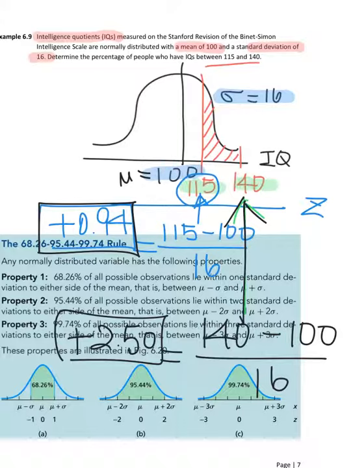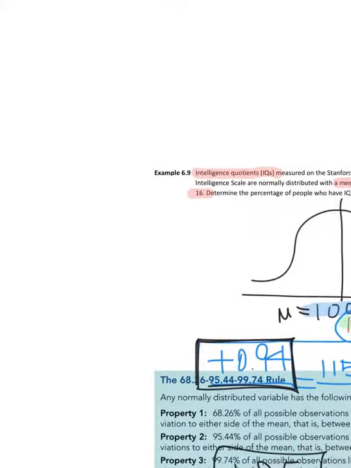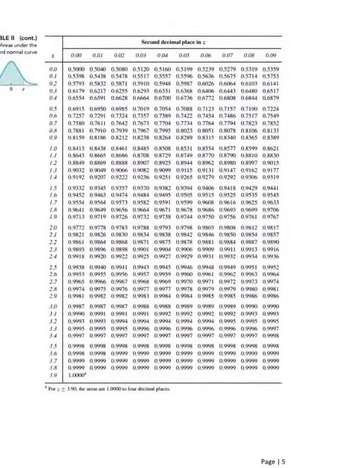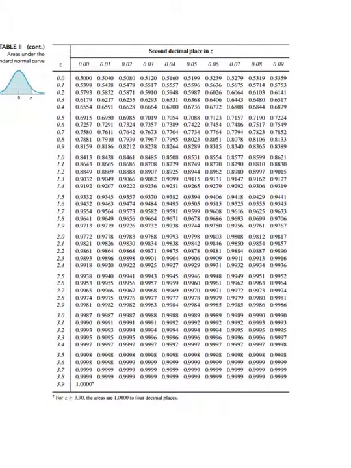So let me go to the z-table at positive 0.9 and 4. Yes, here is the positive. 0.9 and 4.